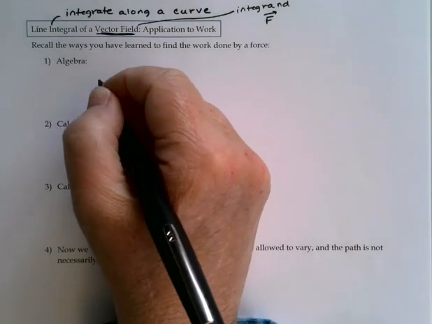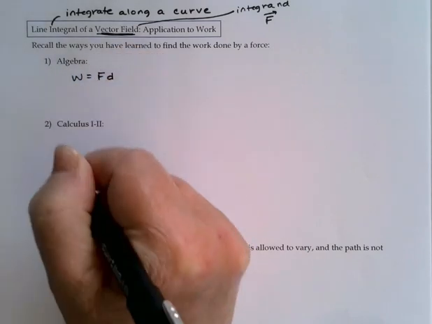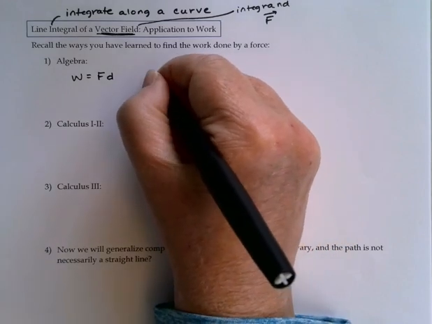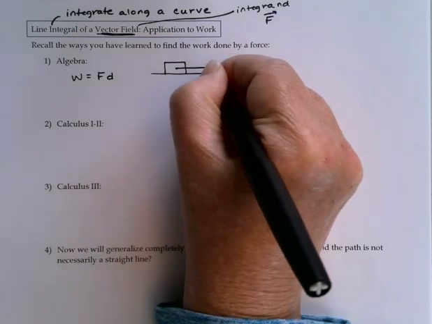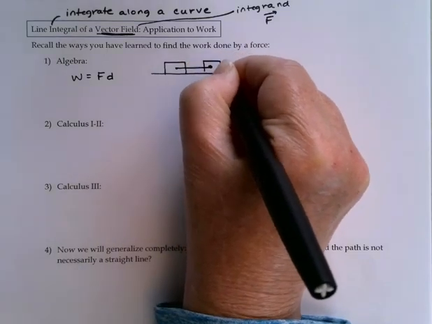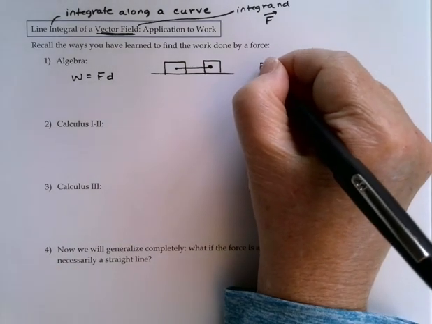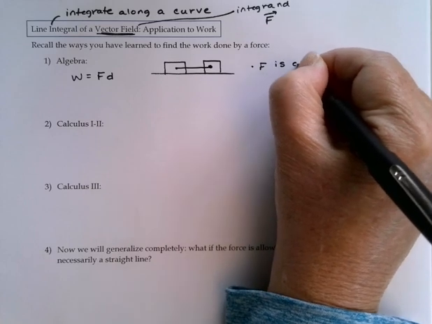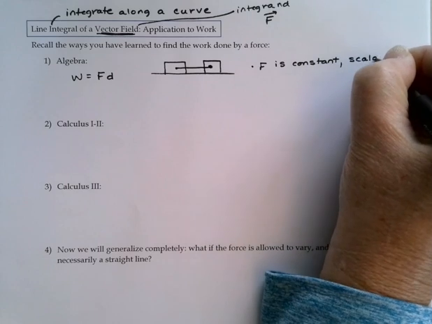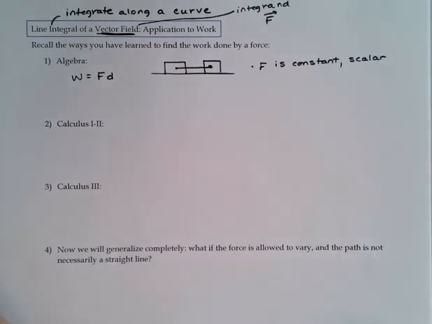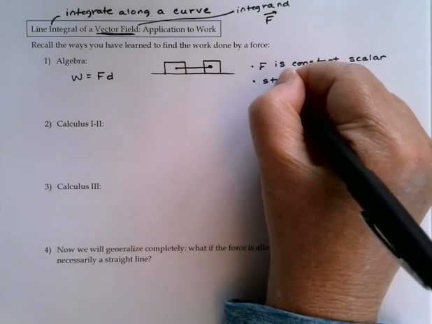Back in algebra, we just simply had the equation work is equal to force times distance. What this assumed was that if you were moving an object from one position to another, the force was some constant, and scalar. It assumed that the distance was all along a straight line, so straight line motion.